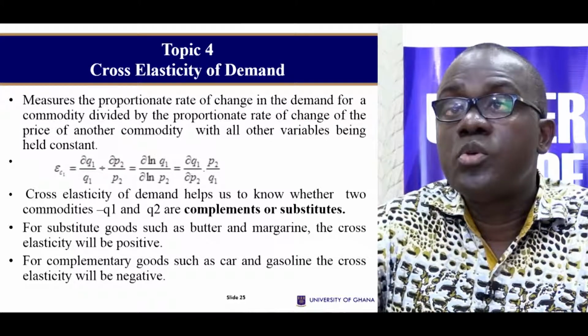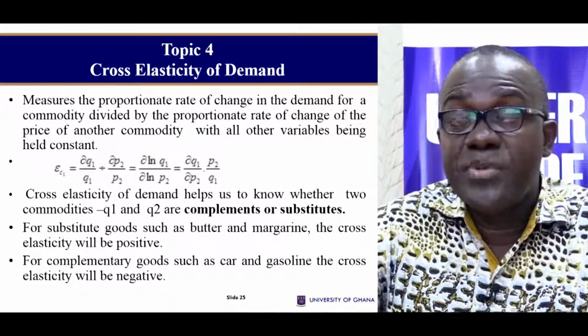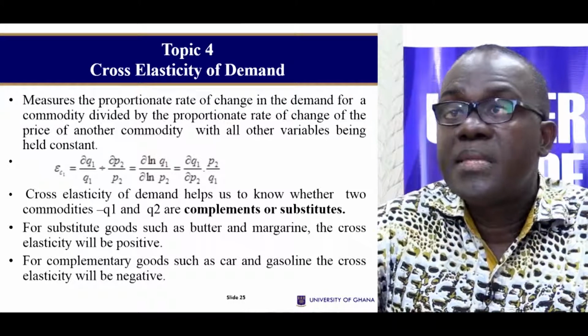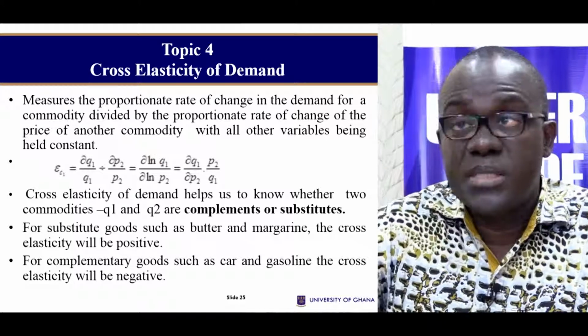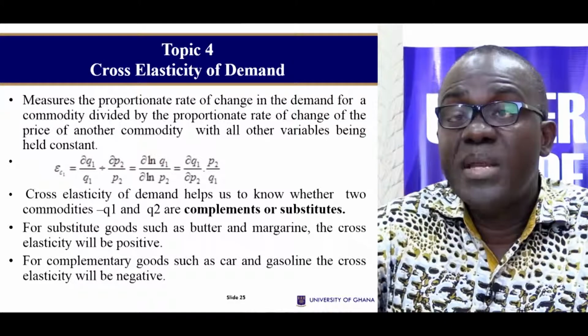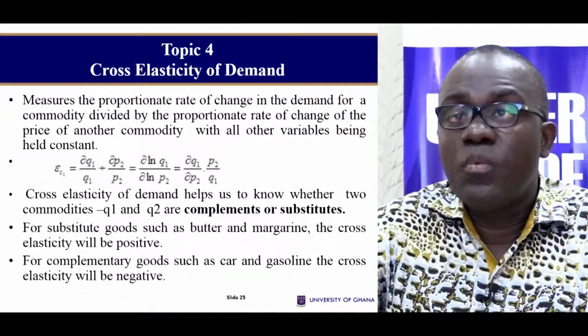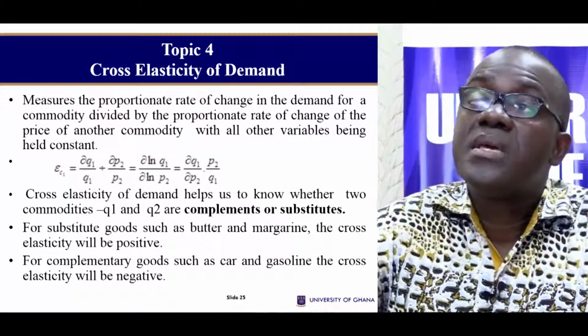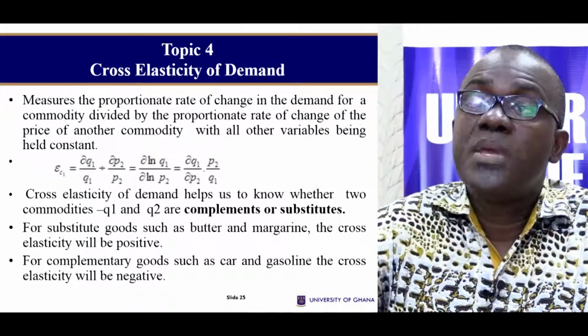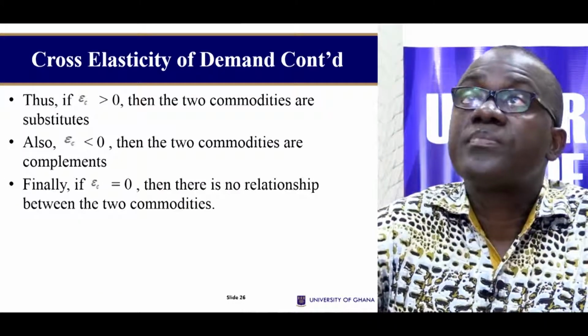For substitute goods such as butter and margarine, the classical example, the cross elasticity will be positive. On the other hand, when it is negative, then we're talking about complementary goods. When the cross elasticity is negative, then the two goods are complementary.